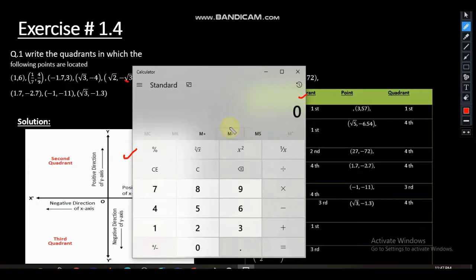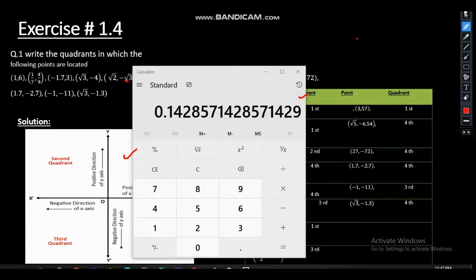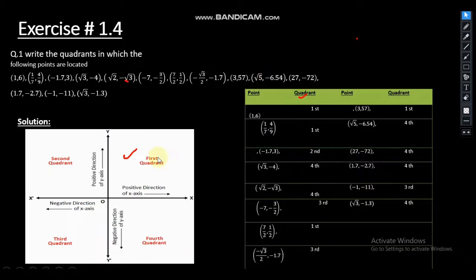When I divide 1 by 7 with the calculator, its value is 0.14. So 0.14 actually means here in this direction, so both are positive. 1/7 on the x-axis, and 4/9 is also in the x-axis direction, so it's also in the first quadrant.